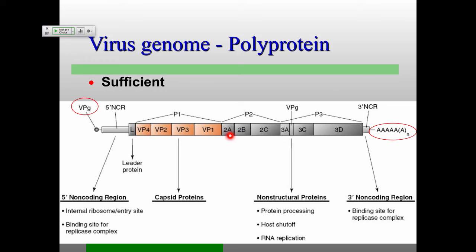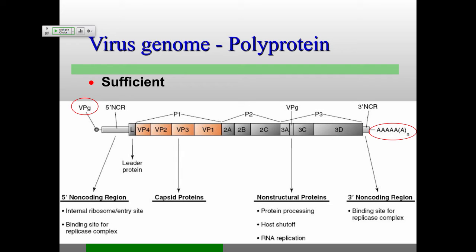These are all of the proteins that are not involved in your capsid, and not surprisingly, if they're not involved in the capsid, what are they going to be involved in? Making more of the genome. And particularly this protein right here, the 3D protein, this is the RNA-dependent RNA polymerase that we'll get back to a little bit later on.